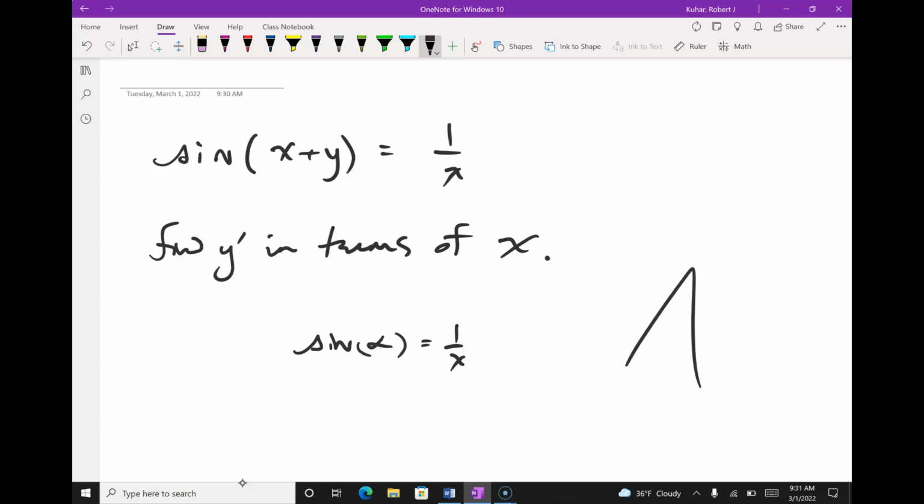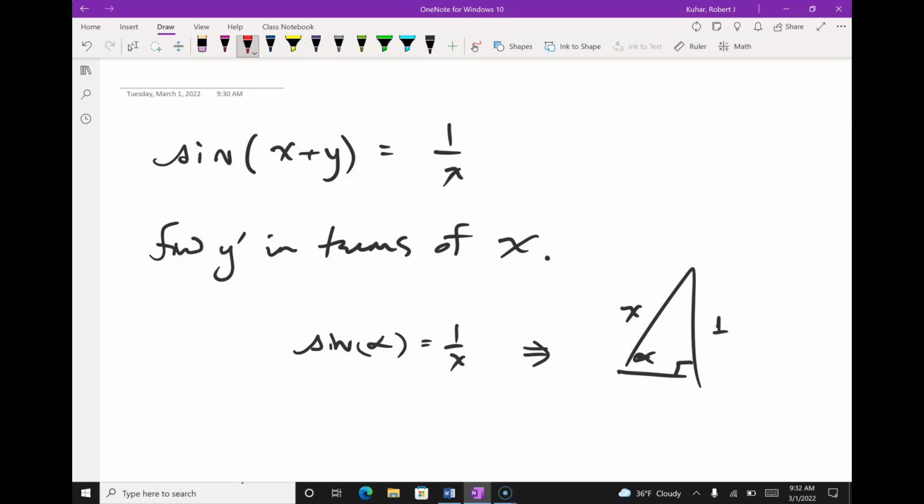It's always going to be a right triangle with an angle of alpha, whatever it is. But I need the ratio of sine, and that's opposite over hypotenuse. So there's my two sides so far. You agree? Sine is opposite over hypotenuse, the SOHCAHTOA thing.